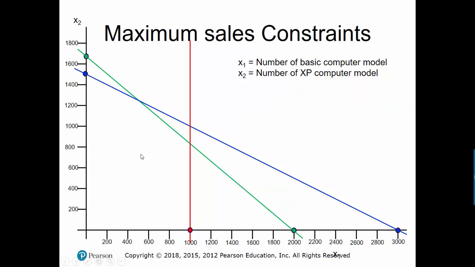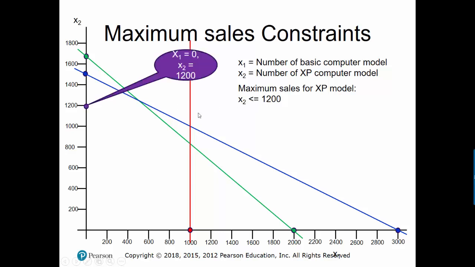Now the last constraint, x sub 2 less than or equal to 1200. Again set it equal to 1200, so that is x sub 2 equal to 1200. Now draw a straight line, and that straight line will represent x sub 2 equal to 1200, and that again further subdivides the feasible region that we had for three constraints into ones that are feasible for all four constraints and the one that's not.